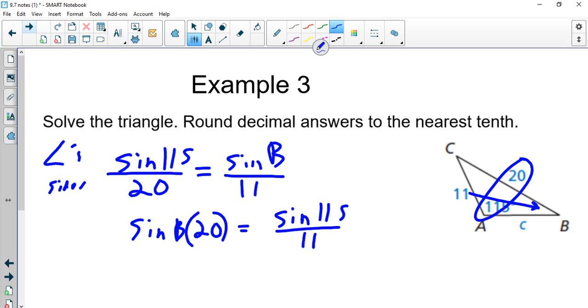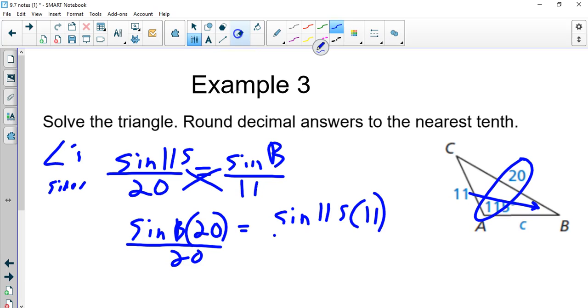Sorry, why did I say times 11? My bad. Not thinking. Silly me. Sine of B times 11. We're multiplying like so. Now, to get sine B by itself, we're going to divide by 20, both sides.